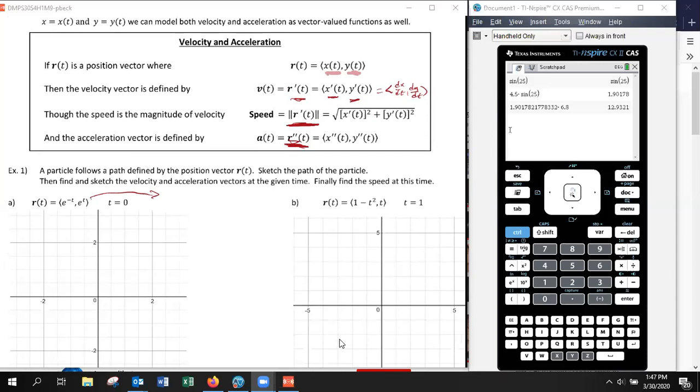Let's just go ahead and do something different and set our parameter as y equals e to the t. So then, since x equals e to the negative t, we could rewrite that as e to the t to the negative first power. So that's y to the negative first. So our relationship is x equals 1 over y, or y is going to equal 1 over x.